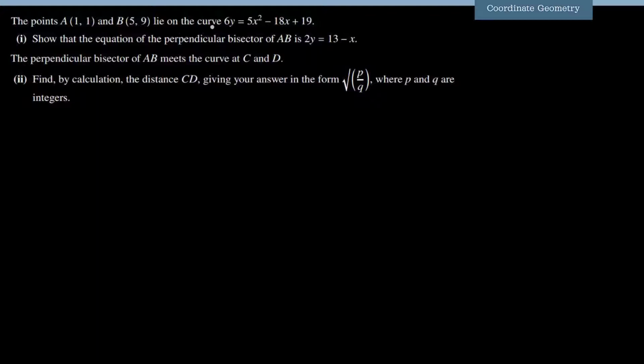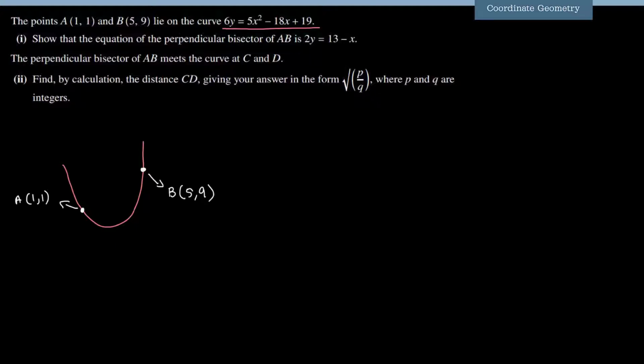So let's suppose that this curve of 6y is equal to 5x squared minus 18x plus 19 looks something like this. Let's just imagine that it looks like this. And points A and B lie on this curve. So let's suppose that point A is somewhere over here on this curve and point B is over here on this curve. This is point A that has the coordinates 1, 1 and this is point B that has the coordinates of 5, 9.